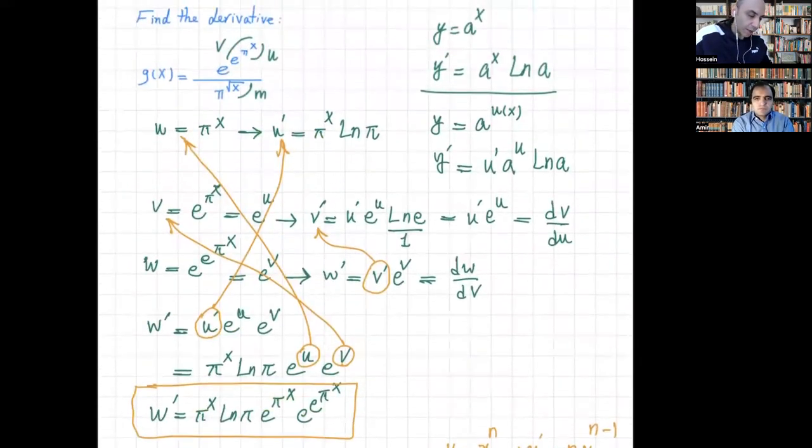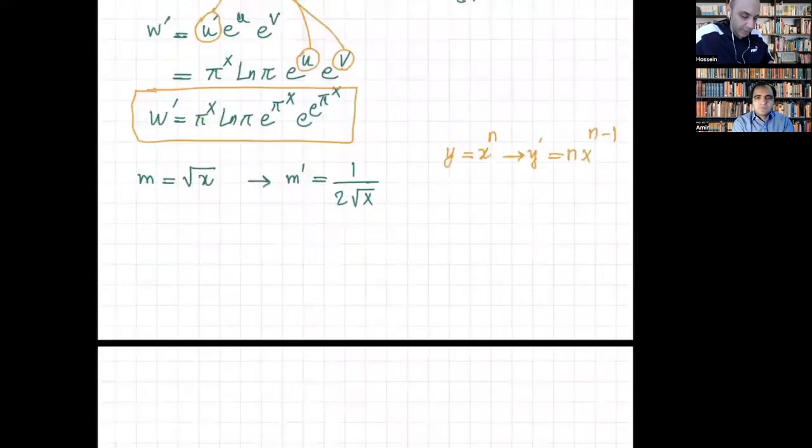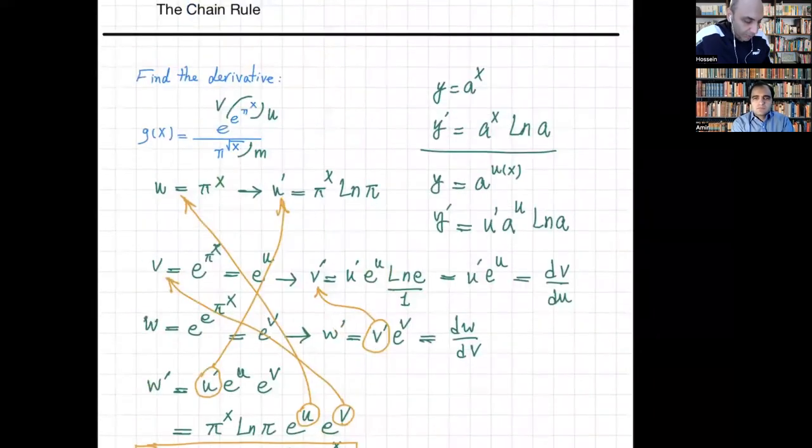So I have pi to the square root of x. So I'm going to introduce another variable, let's call the whole thing f, for example.